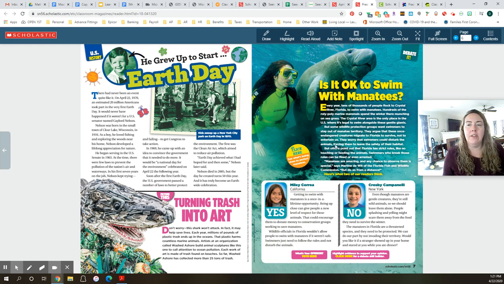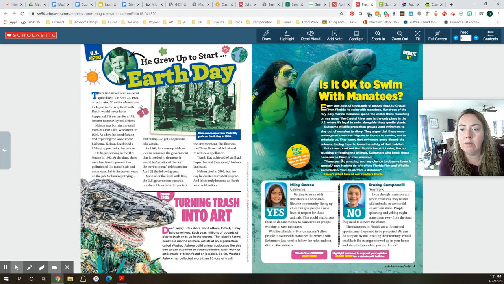There's also other information up here in the actual text. Let's see. Some wildlife protection groups want swimmers to stay out of manatee territory. Well, that would not be an argument for why we should be able to. So I'm going to skim. Oh, here we go. Others point out that Florida has strict rules, like no touching or feeding the animals.